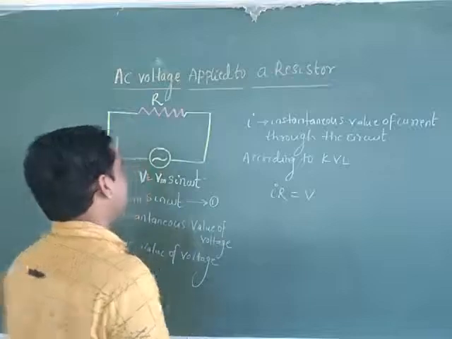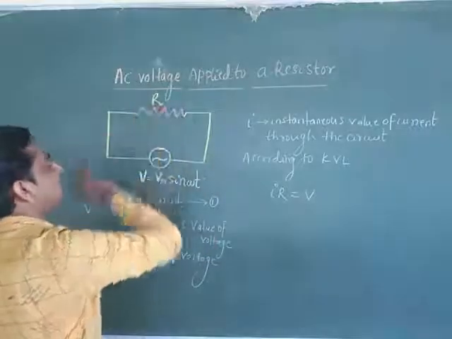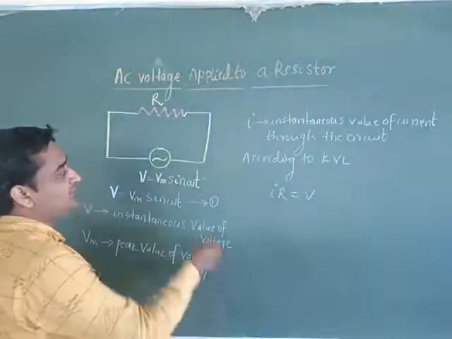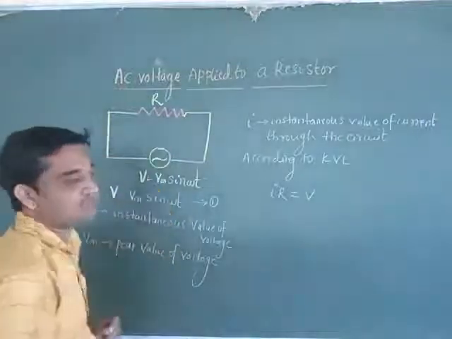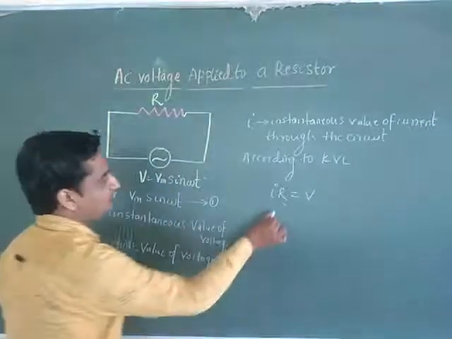That means we have one IR product here. I is the current through the resistor and R is its resistance. So the IR product is I into R.